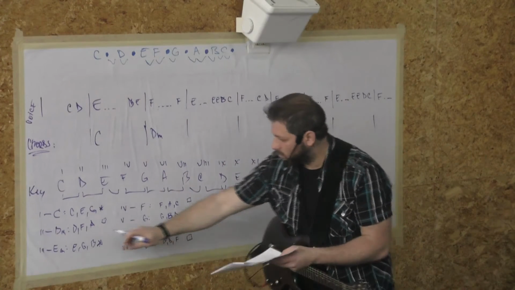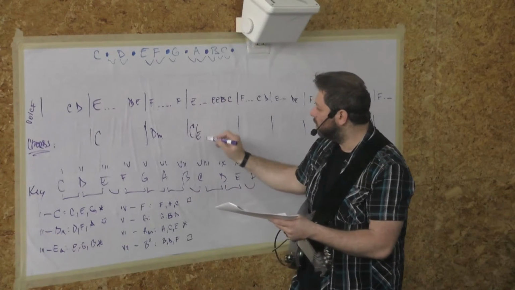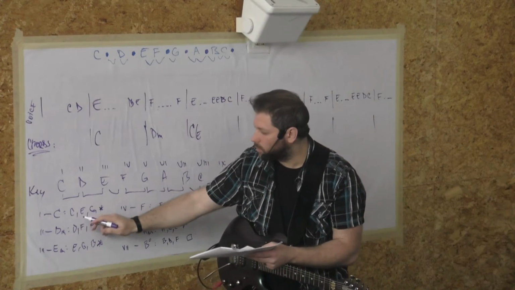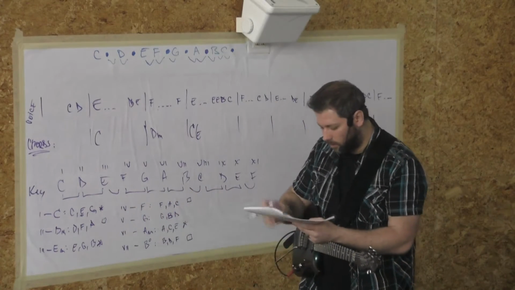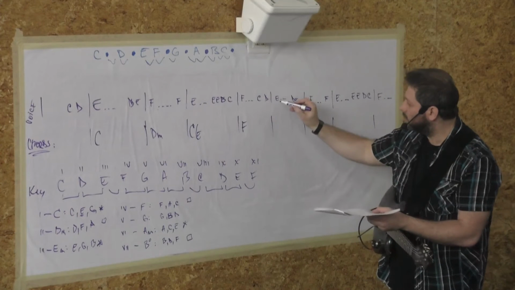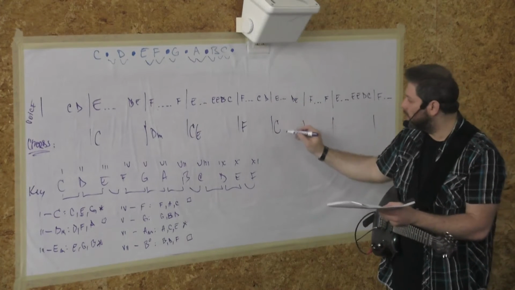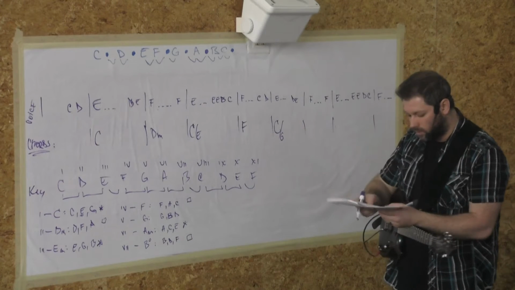D minor has F in it, right? I did a C/E, which is C chord. I just put this in the bass, right? And then I did a regular F. And then I need an E. So C chord has the E, but I put the bass of G for now.